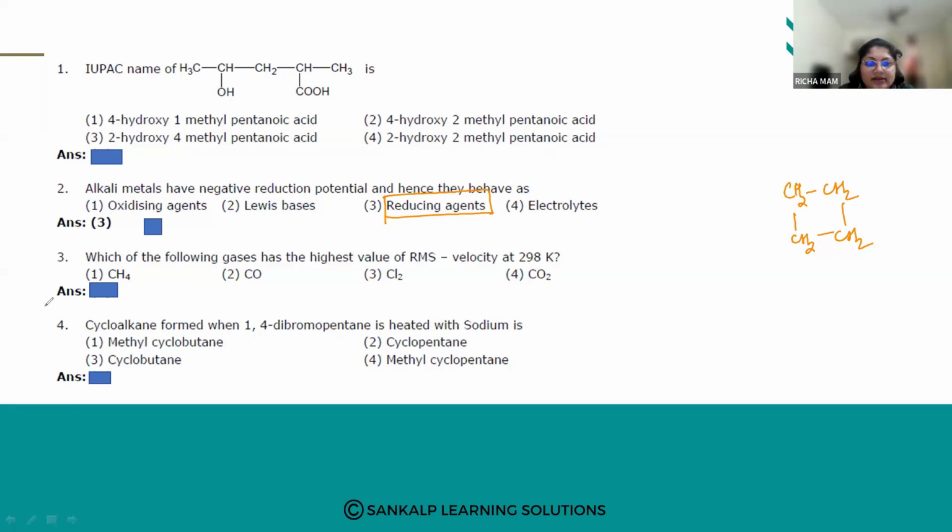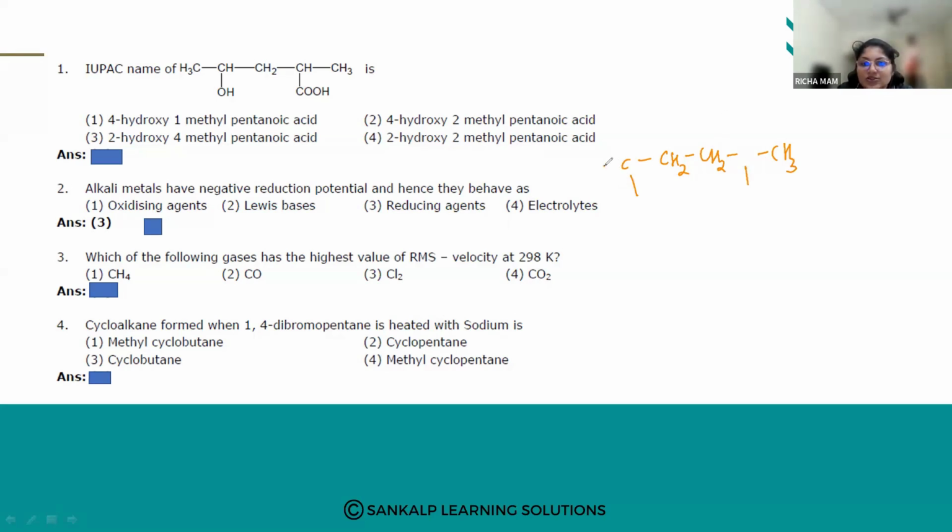So let me write the structure of 1,4-dibromopentane. This is pentane, 1, 2, 3, 4, 5 carbons. At the 1 and 4 positions, you have Br groups.